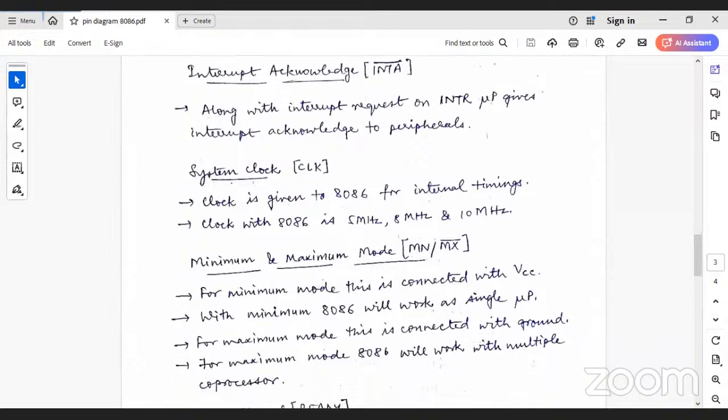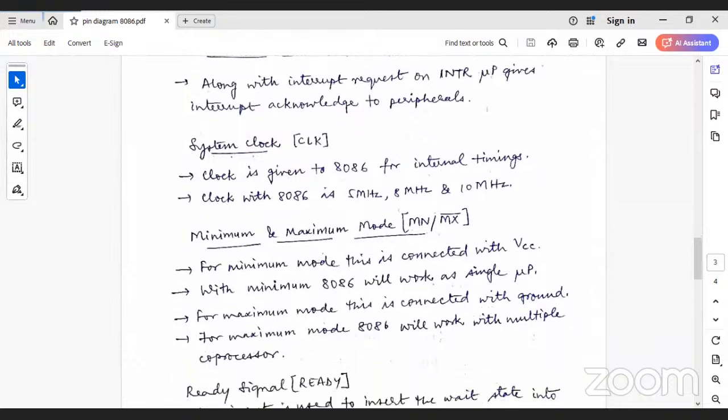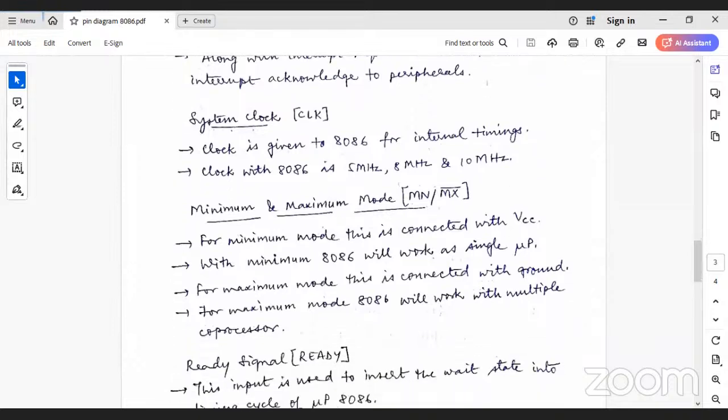Yes, ma'am. And here is one more thing. By minimum you should also think that it works as a single processor. When it is maximum, it works with multiple coprocessors connected.